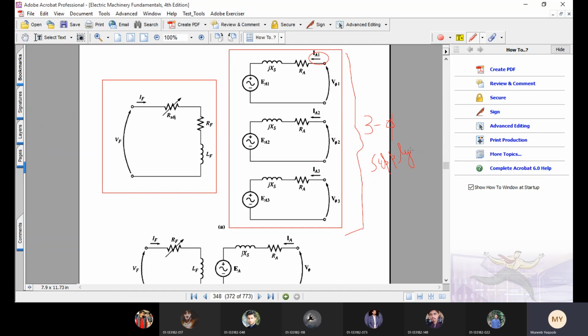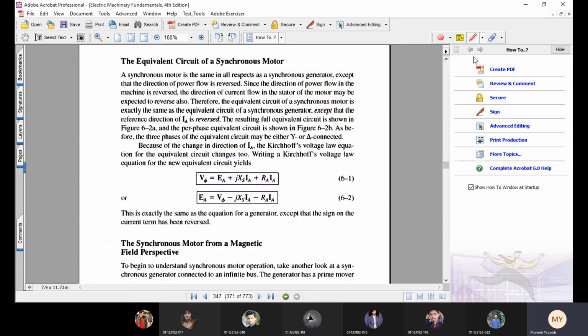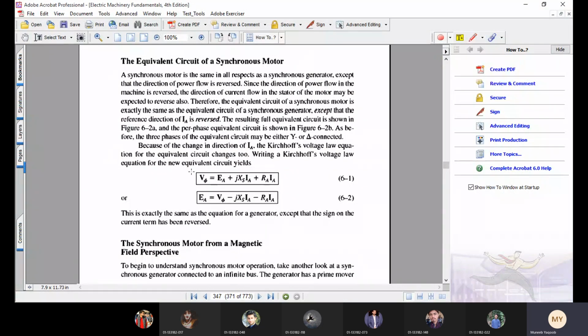So the only difference between this circuit and the previous circuit that was explained in chapter 5 is the direction of current flow. And what is the only consequence of this change? The only consequence of this change is that the machine starts working as a motor, and there is a change in KVL as well.